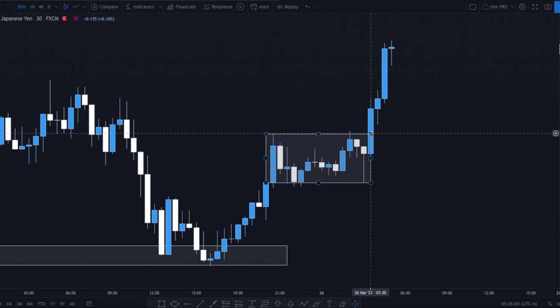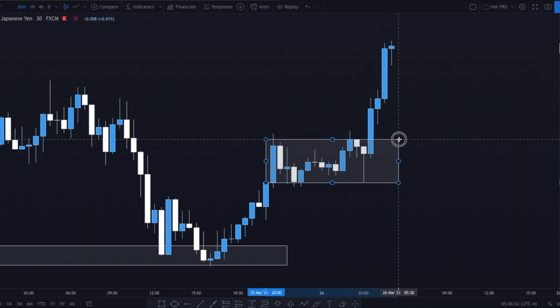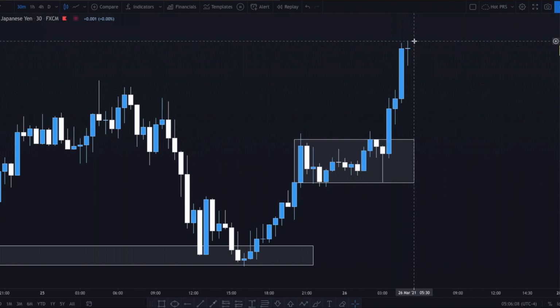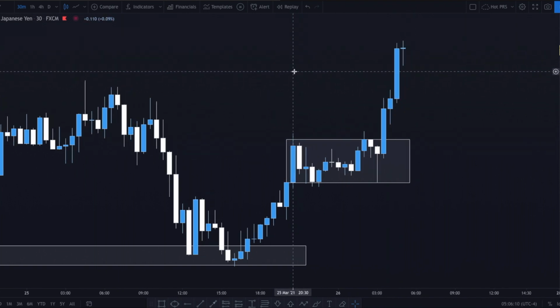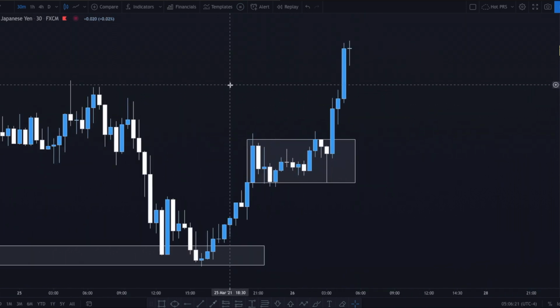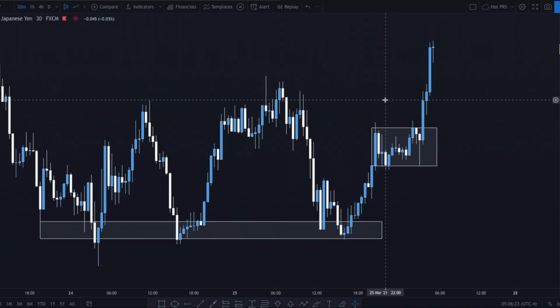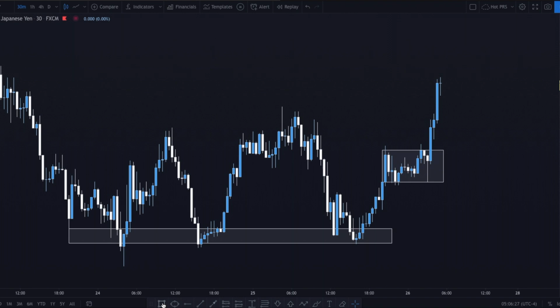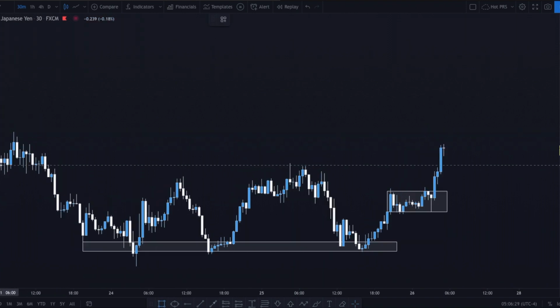So we said if price could break this zone and come back as a retest, we would look for the buy. But what happened is that when I was waiting for this trade to play out, what I noticed, if you look to the left, we had this previous area that was previously support and resistance.